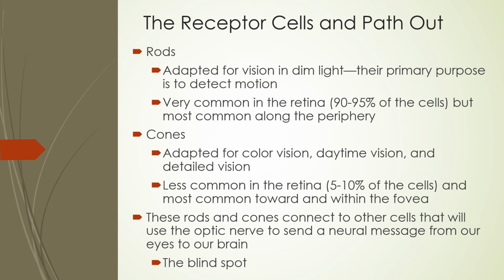Usually we tend to link rods to dim light processing and the ability to kind of detect the presence of light, even magnitudes of light. So if we're going back to the differentiations of different components of electromagnetic energy, you could say these ones are more sensitive to just sort of changes in the amplitude of the light, not necessarily changes in the other component of light, and that's the frequency of the light.